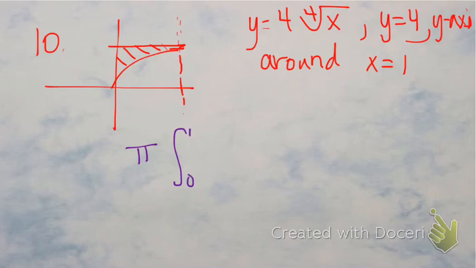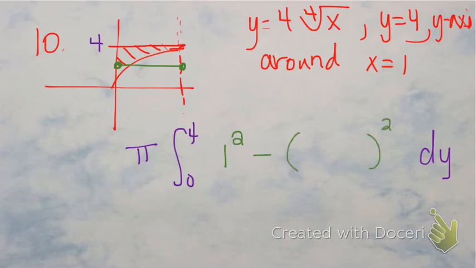Pi integral 0 to 4 again, because I know that this is 4. dy on the end, because x equals 1 looks like the y-axis. Let's draw this radius. The radius from where you're rotating to the outside. That's just 1 minus 0, so that's 1 squared. And then where you're rotating to the inside, so that's 1 minus the function. And we already solved that earlier. It was y over 4 to the 4th.